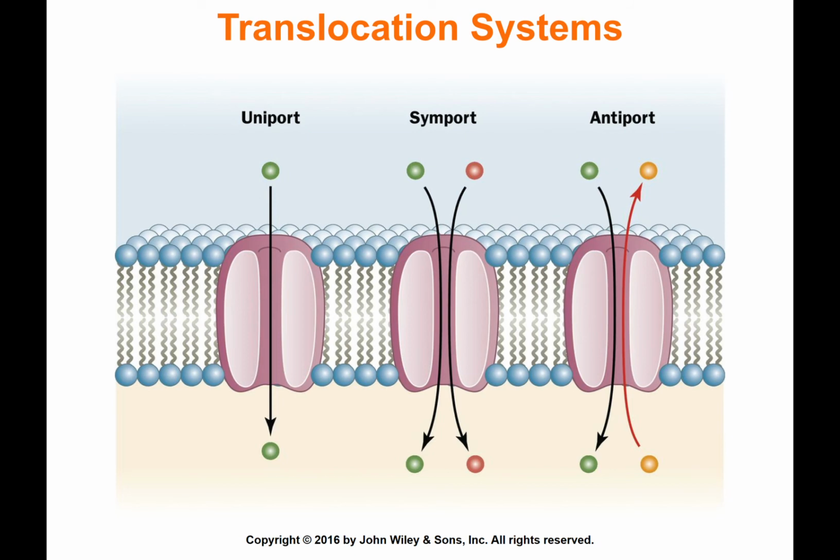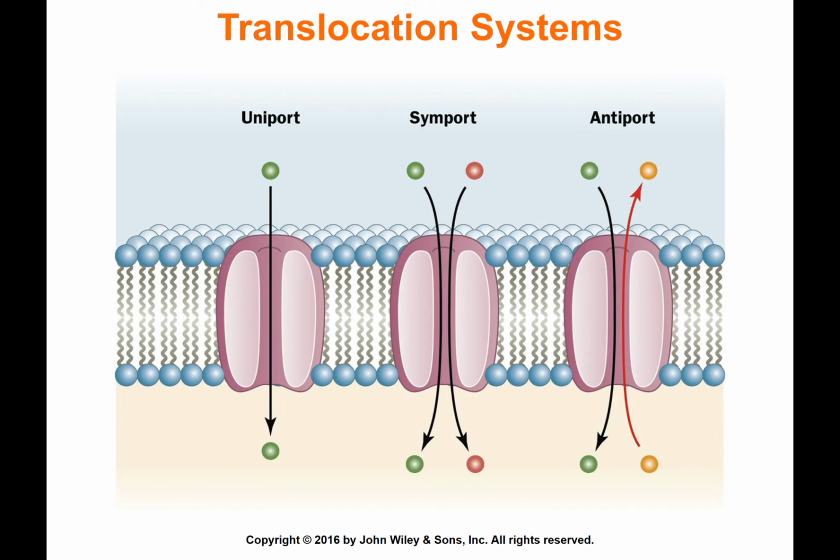We can also alternatively divide our transporters the way shown here. We have uniporters, where one molecule is simply brought across the membrane. Our potassium channel would be a uniporter. The glucose transporter would be a uniporter. We also have symporters.